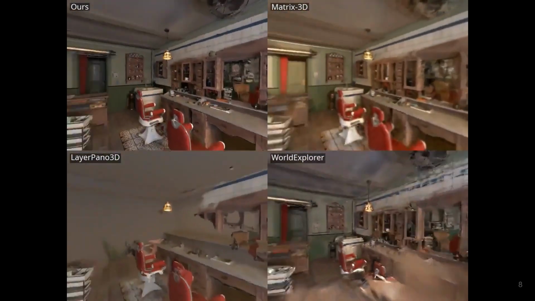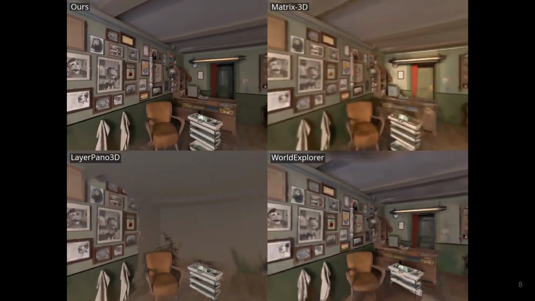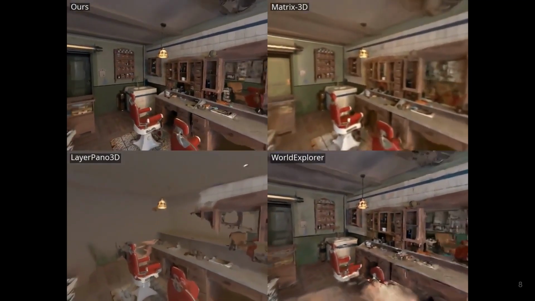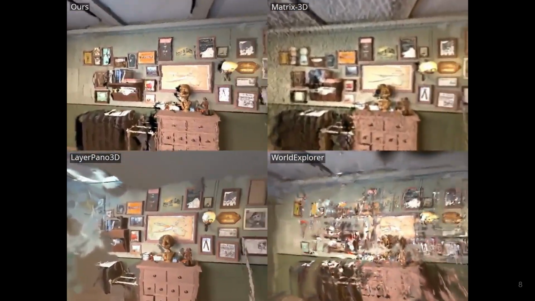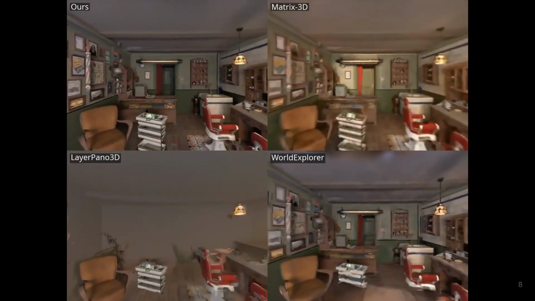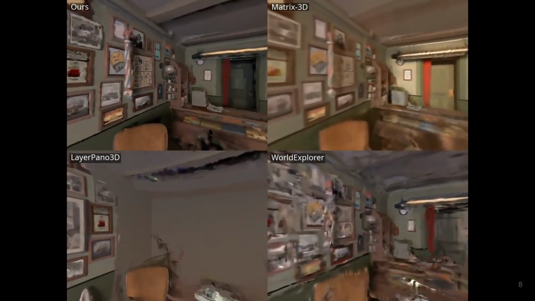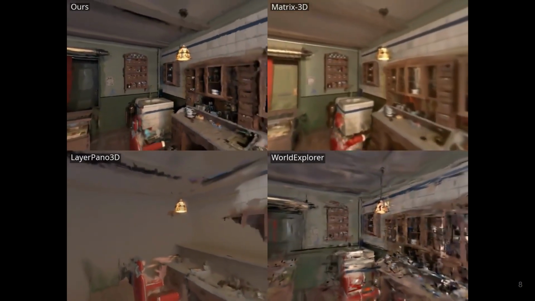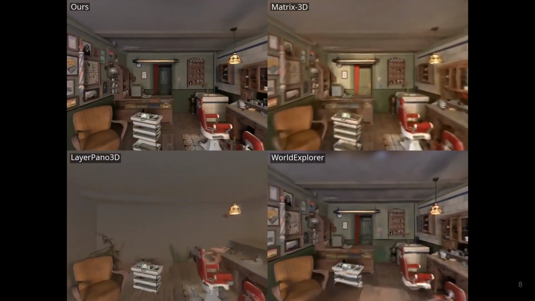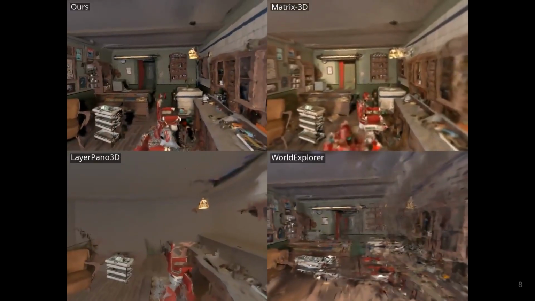However, due to the low resolution of the panoramic videos, the final scene is also quite blurry. In Layer Panorama 3D, we can observe that the layering mechanism failed and produced a lot of artifacts in the final scene. Similarly, in World Explorer, there was a lot of inconsistency in the generated videos, and the final scene contains a lot of floater artifacts.